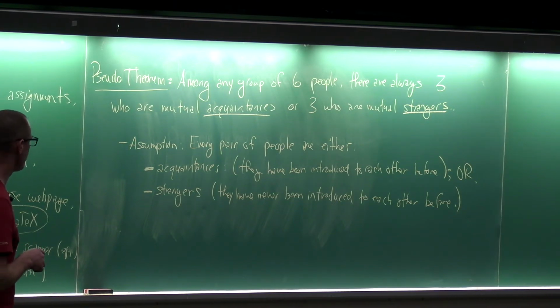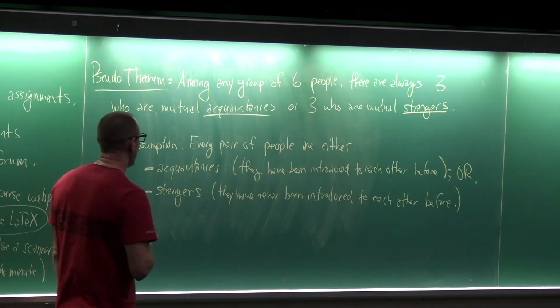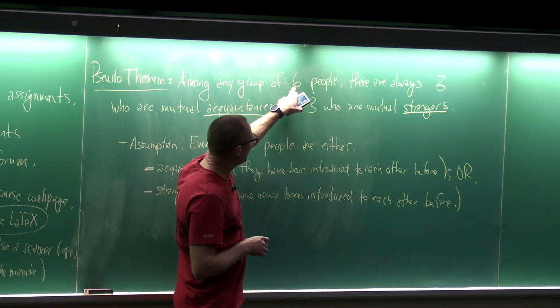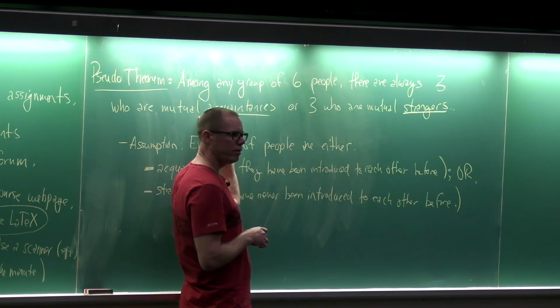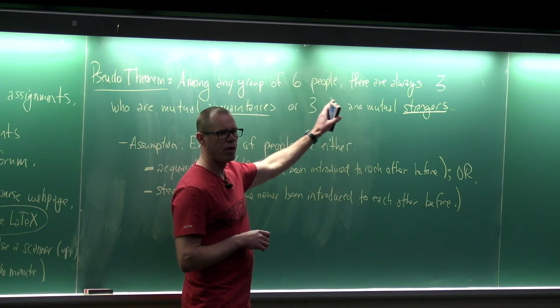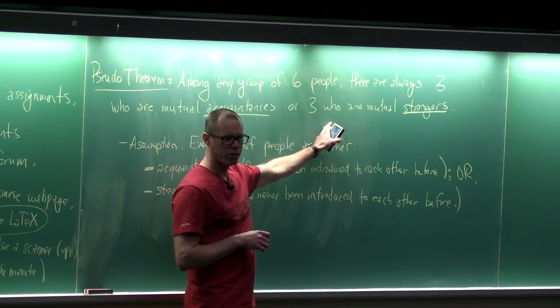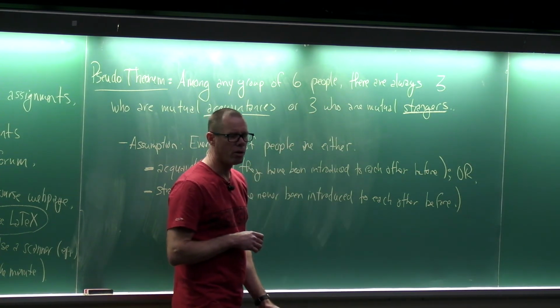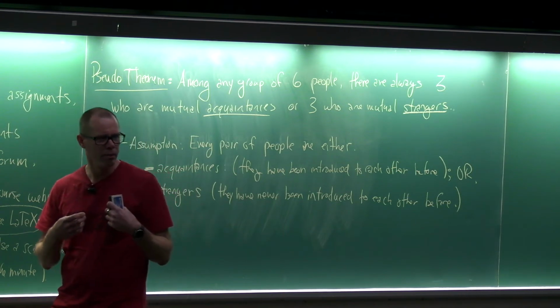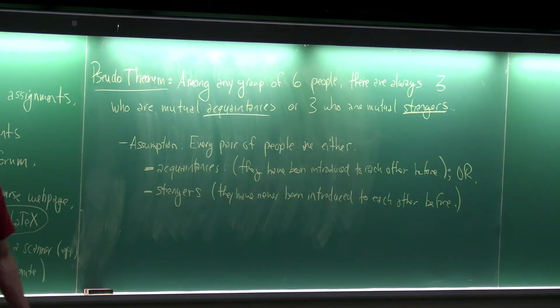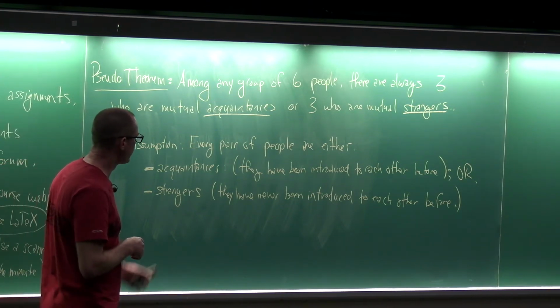What the theorem says is if you take 6 people, you can always find 3 that are acquainted, or 3 that are strangers. It's not any 3, because certainly you can pick 3 people where 2 of them know each other, but neither of them knows the 3rd one. But in any group of 6, you can always find these things.